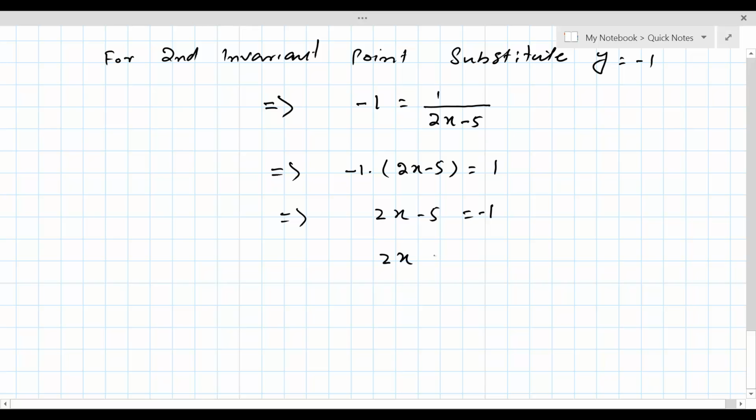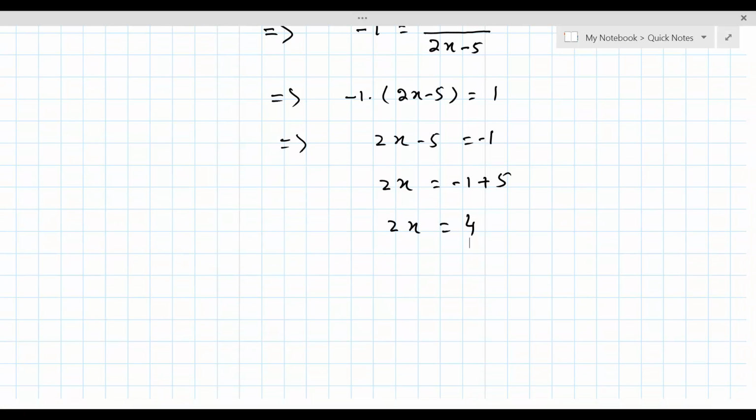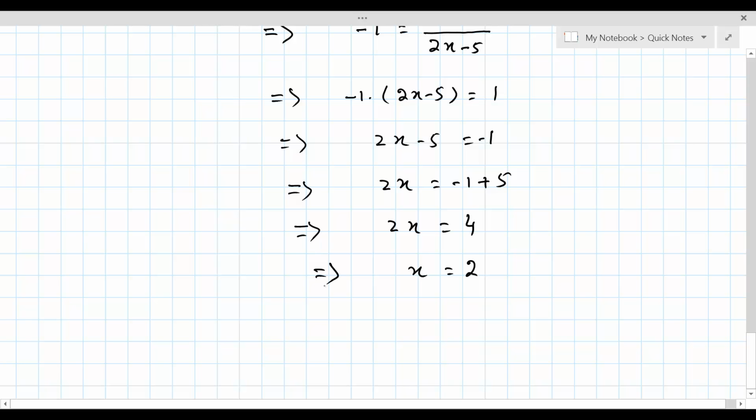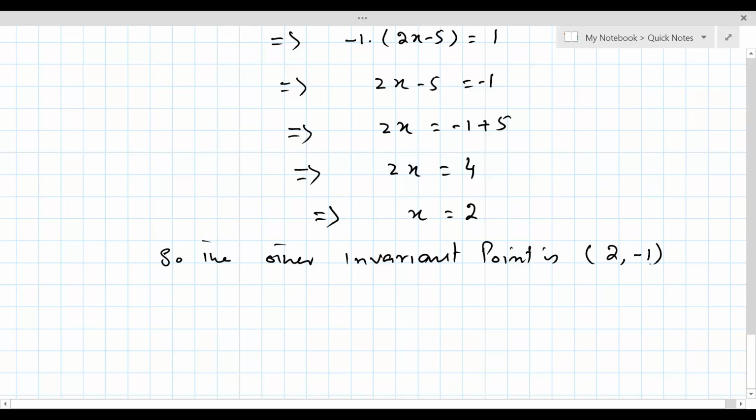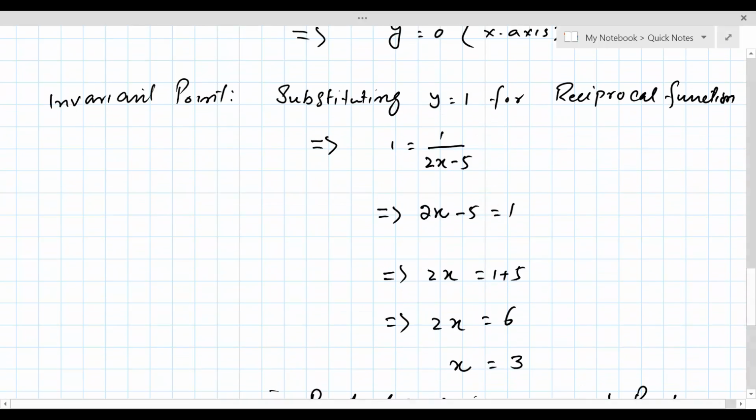So here 2x is equal to minus 1 plus 5, or 2x equal to 4 and x equal to 2. So let's write these symbols as well. So the other invariant point is (2, minus 1). Let's go back to the grid where we want to graph it.